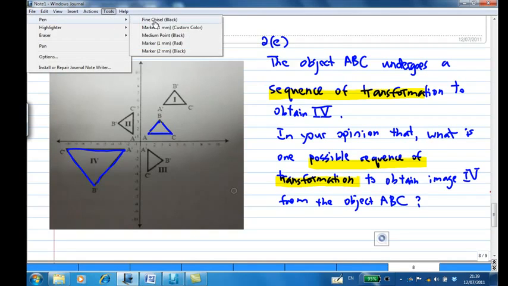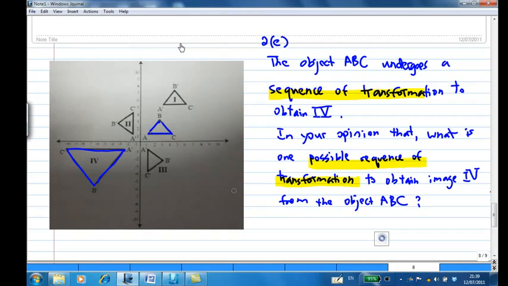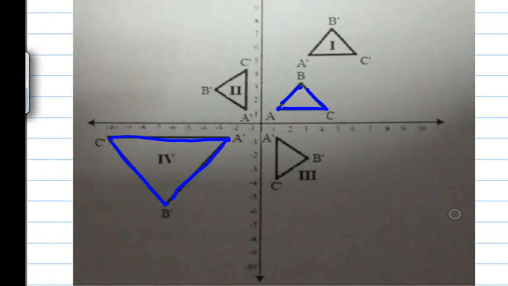Here is one of my suggestions. There could be others. First, you make a reflection of ABC in the x-axis. So you get this image coming out somewhere here. Let's say A prime, C prime, B prime.